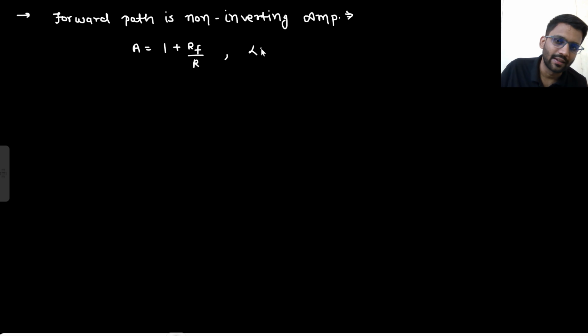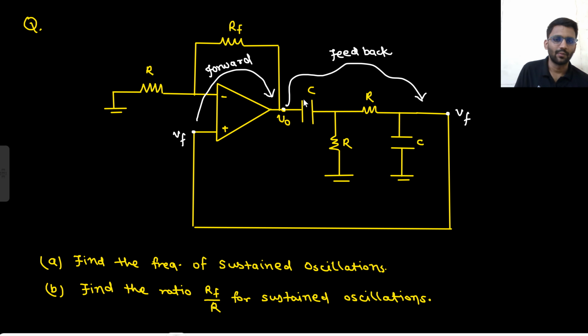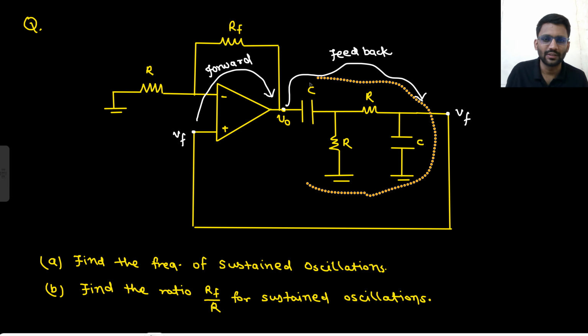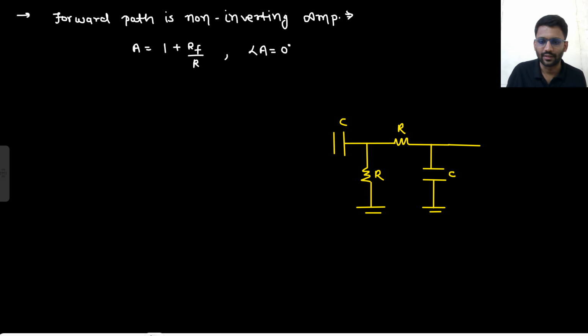And what is the angle? Angle provided is 0 degree. Now what about the feedback now? So what you need to find? You need to find VFS by V0S. So what I can do is that I can simply copy this circuit and paste it here.